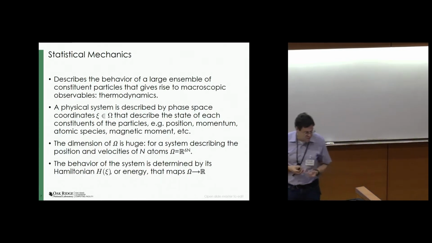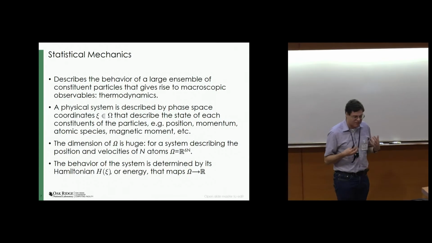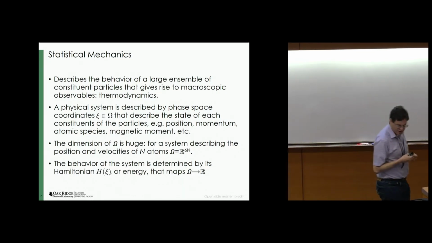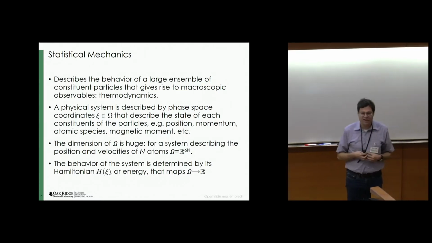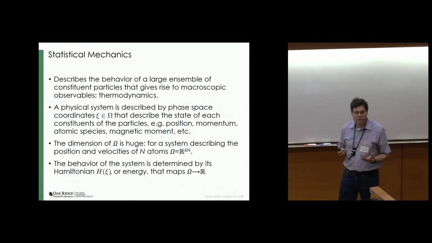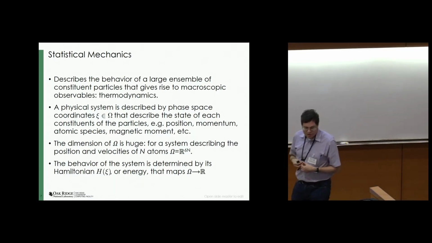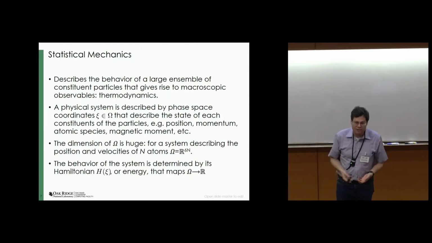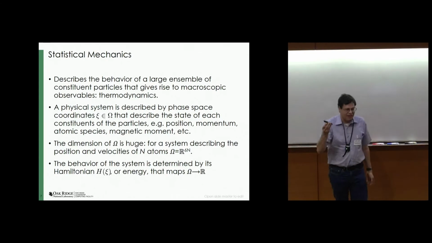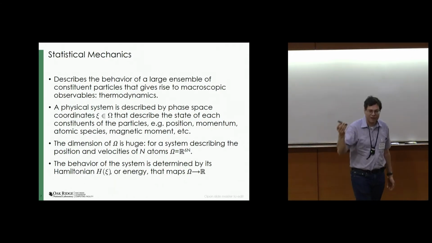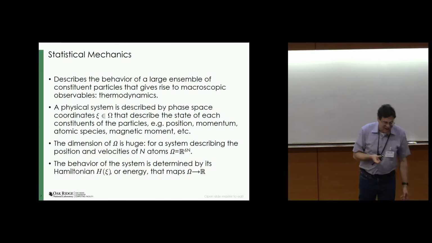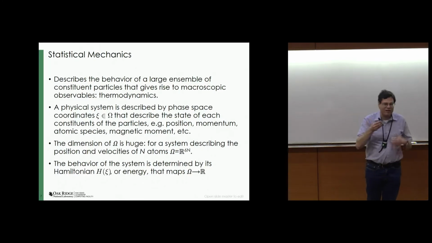We describe the behavior of a system that is a large ensemble of particles that give rise to something that is macroscopically observable. So a piece of material contains 10 to the 23 or so atoms, but they all behave together collectively.